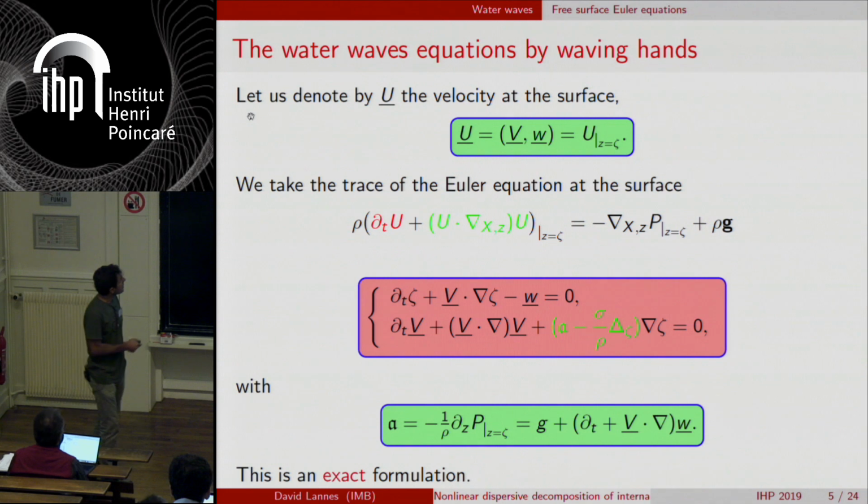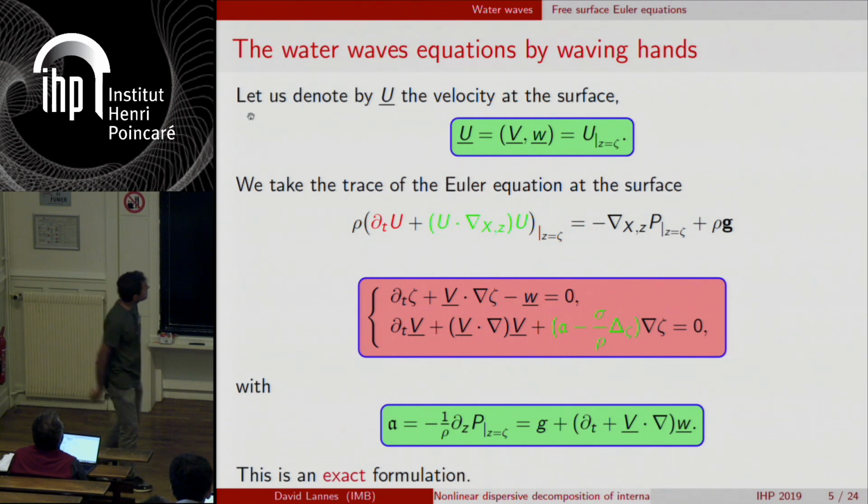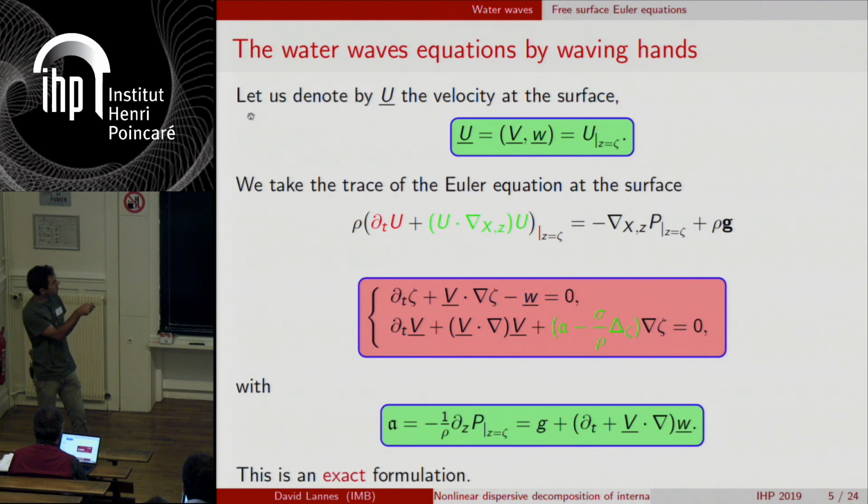And then when you do this, you obtain a set of two equations which have a structure where you can see what happens. So the first equation is a kinematic equation that I have written in the previous slide. So this is the non-normalized normal component of the velocity. So dt zeta plus v at the surface grad zeta minus the vertical velocity at the surface equal to 0.